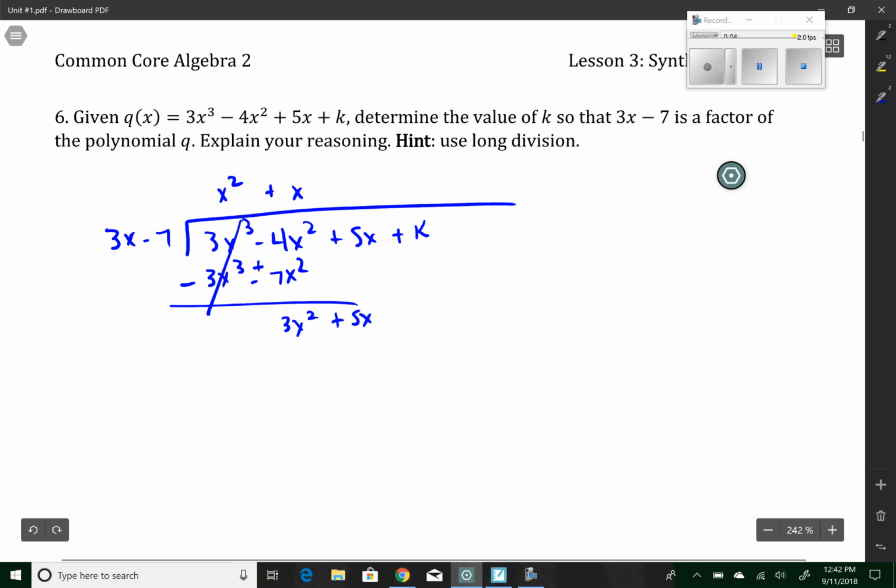X times 3x makes 3x squared. This becomes a minus, this becomes a plus. So that becomes a 12. Let's bring down the k like it was a number. 4 multiplied by 3x makes 12x.